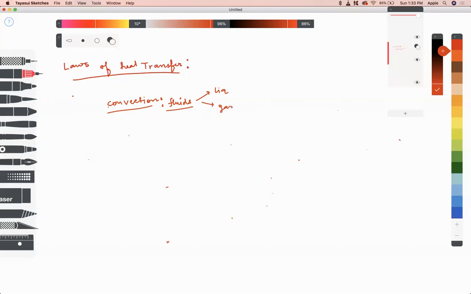Now in case of fluid, we know that the molecules are free to move. All right, and this is why convection heat transfer happens, because of bulk motion of molecules.